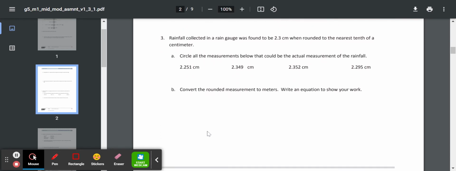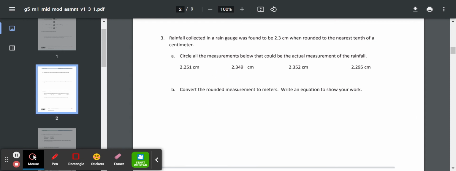Question 3 says rainfall collected in a rain gauge was found to be 2.3 centimeters when rounded to the nearest tenth of a centimeter. Circle all the measurements below that could be the actual measurement of the rainfall.